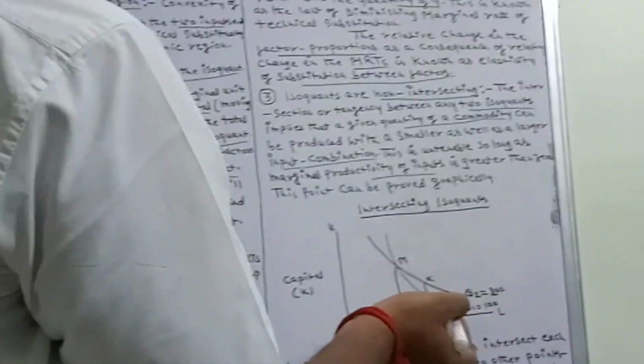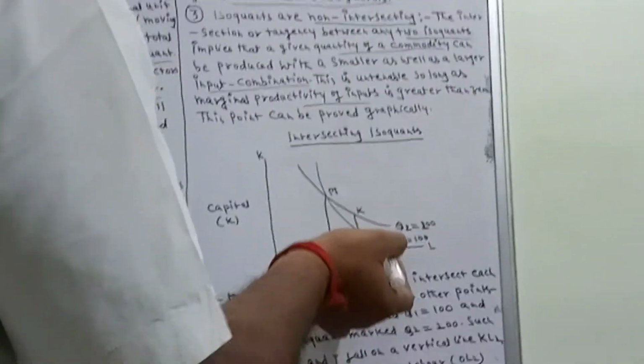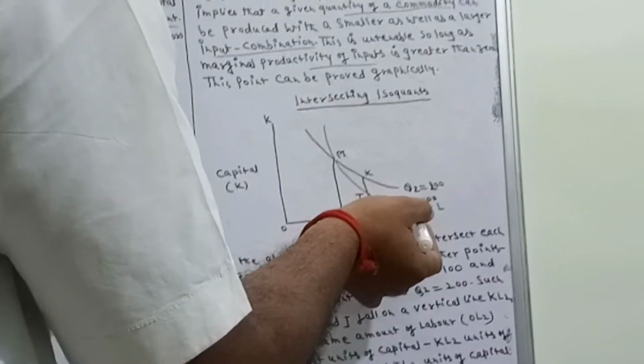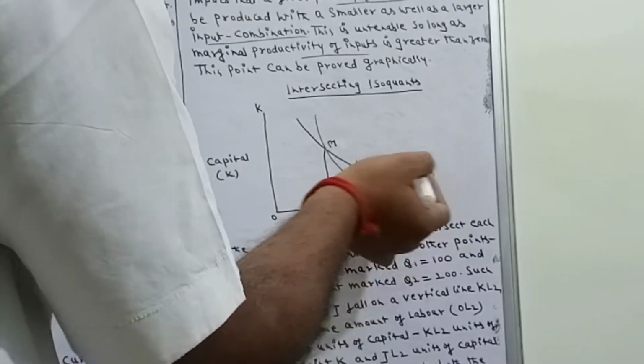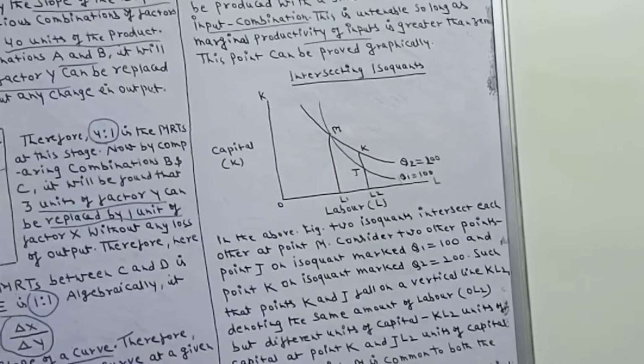Here, two equal product curves intersect each other. The first equal product curve is Q1 equal to 100, and the second is Q2, and they intersect at this point.